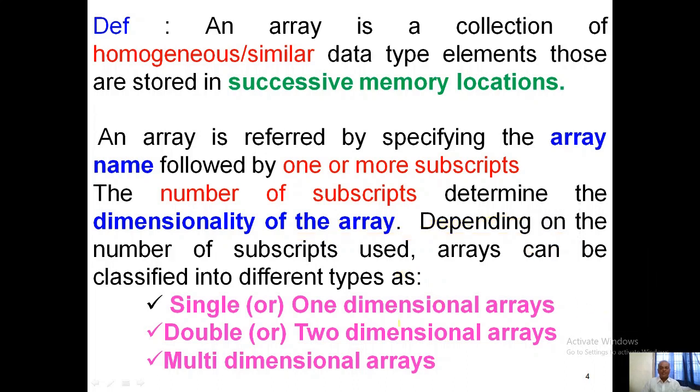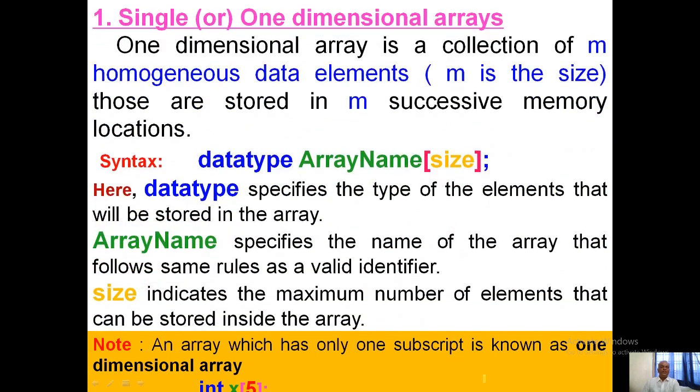Depending upon the number of subscripts used, an array can be classified into single dimensional array, double dimensional array, and multi-dimensional array. What is an array? A collection of homogeneous similar data elements stored in successive memory locations. The first one is the one dimensional array, where a collection of homogeneous data elements is stored in successive memory locations.